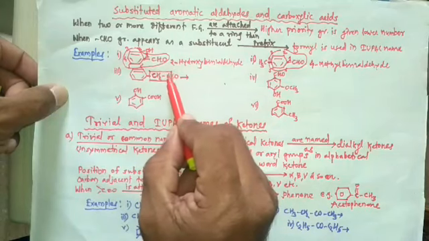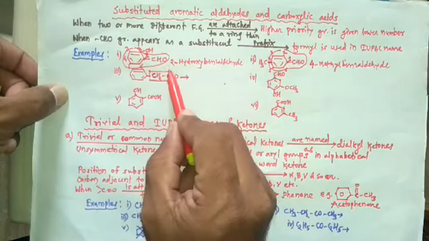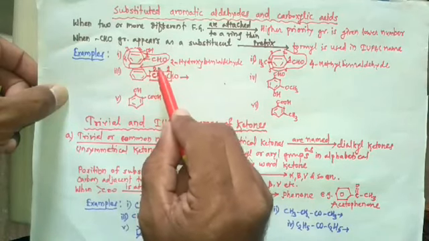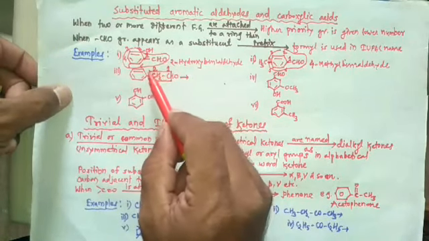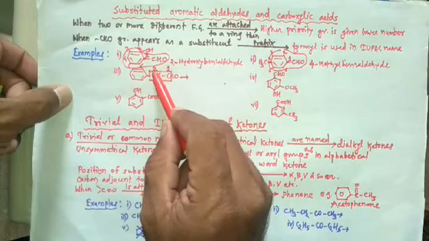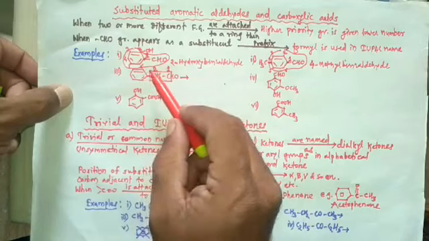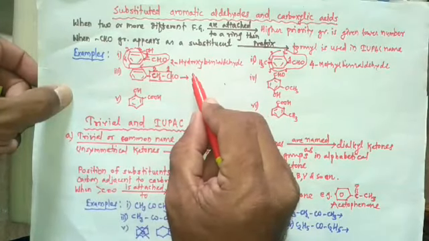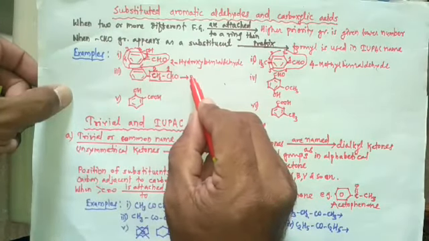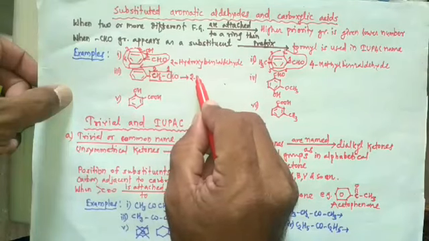Then number the chain: the CHO group is number 1, then here number 2. On the second carbon atom the substituent, that is phenyl, is present. That's why the IUPAC name of this compound is 2-phenyl.